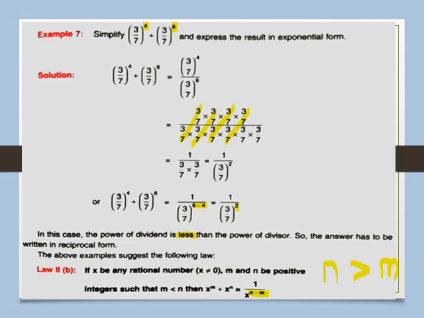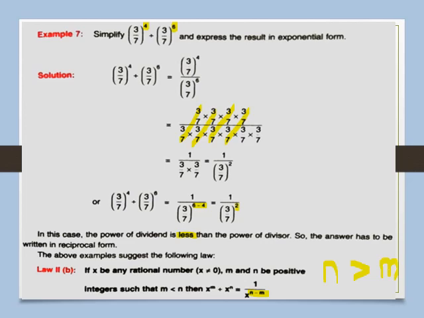Now if you do this in the exponent form, we will have to write it in the denominator, that is 6 minus 4. So it is 1 upon 3 upon 7 raised to the power 2, but now it is in the denominator, not in the numerator. So in this case the power of the dividend is less than the power of the divisor, so the answer has to be written in reciprocal form.